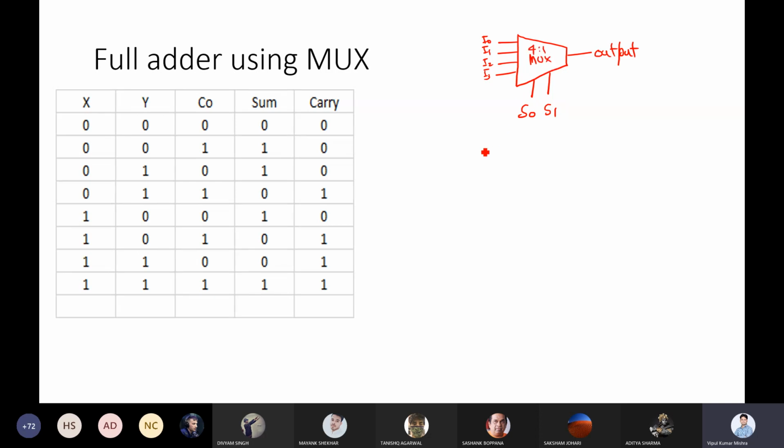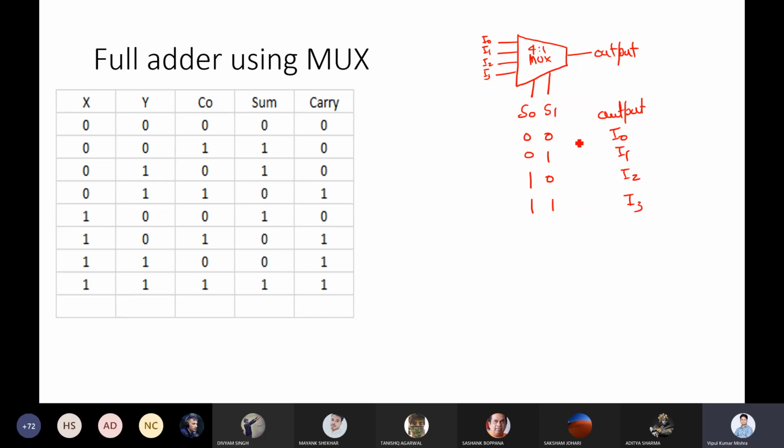This is your 4 to 1 mux. When the value is 0, 0, the output will be I0. When the value is 0, 1, it is I1. When the value is 1, 0, it is I2. When the value is 1, 1, it is I3.